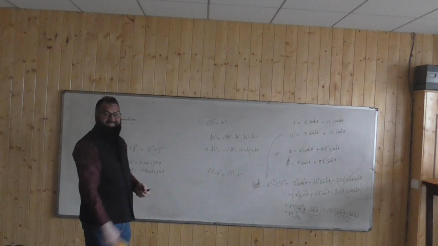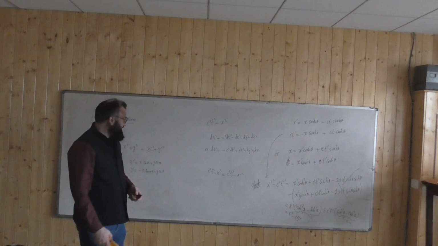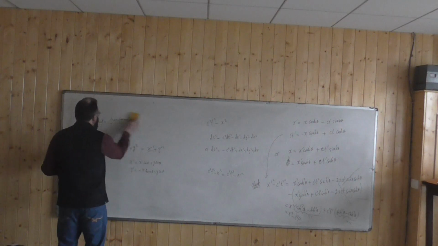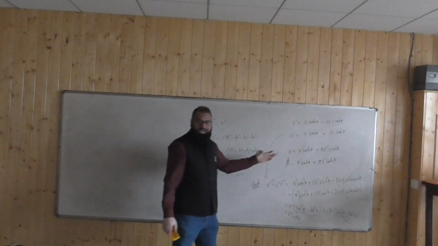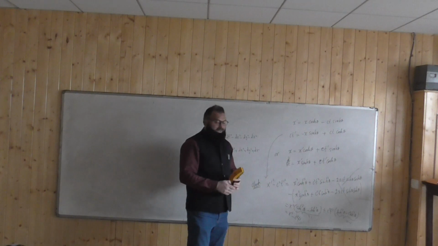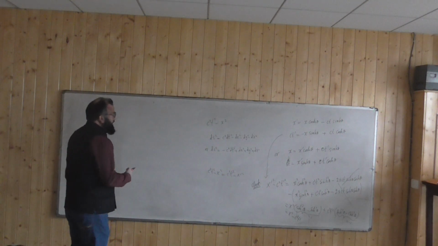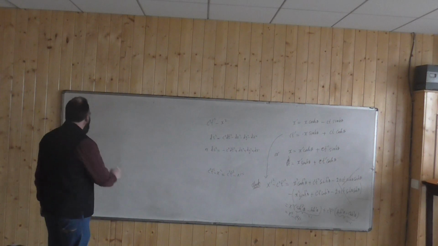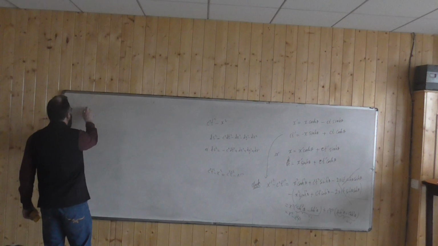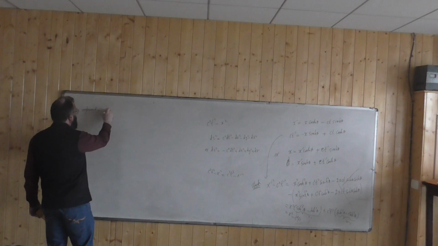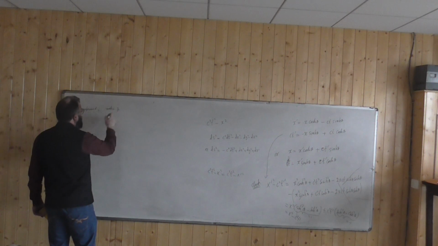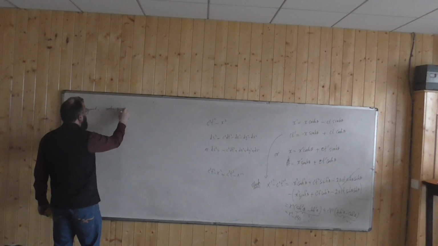Let's come here. So what we need to figure out? We need to figure out theta. Theta is unknown to us. Okay, now let's observe. Let's say frame K, unprimed frame. We observe the motion of origin.